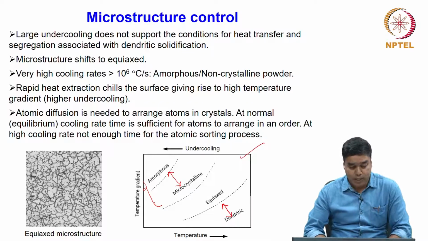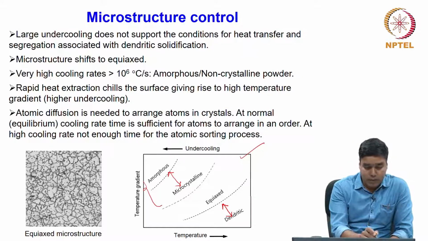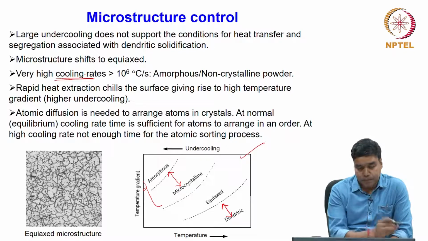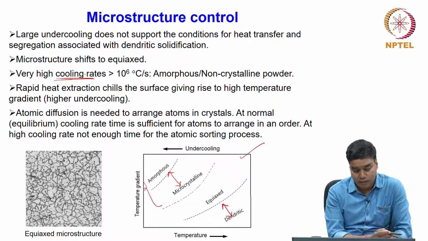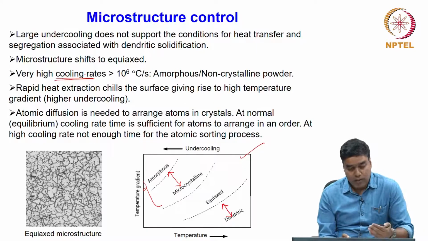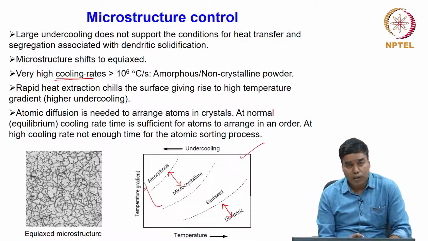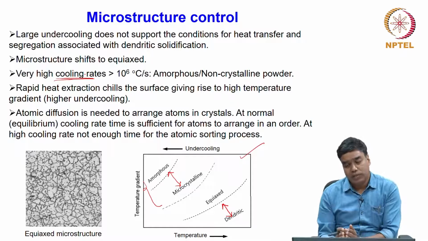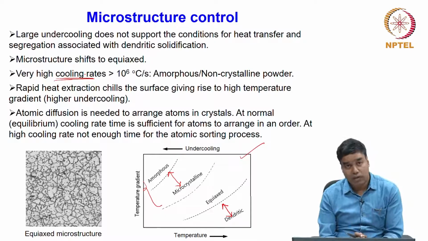Okay. So, this is based upon the cooling rate, which will have an influence as to how this solidification will take place, or how these atoms will go from the liquid to solid for the solid to grow.